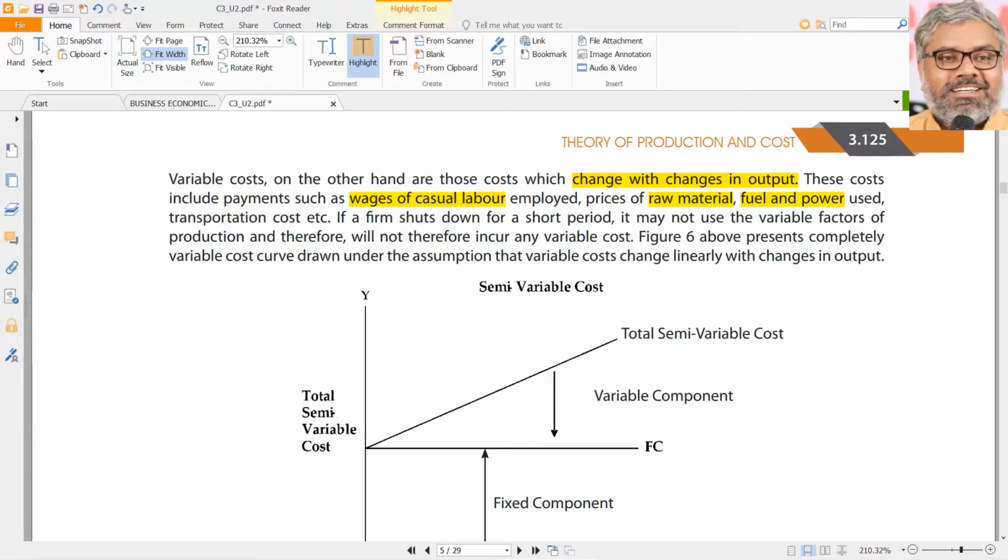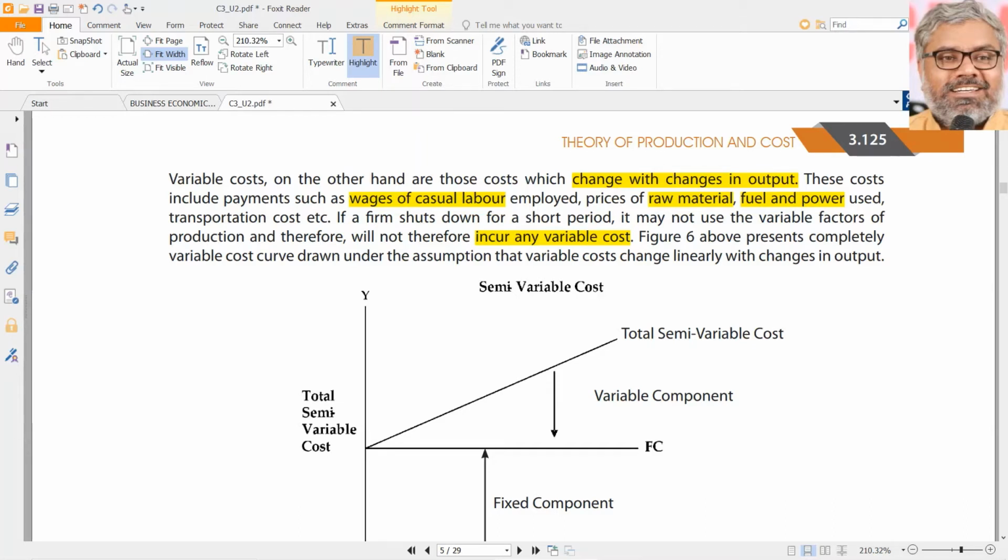Even if a firm shuts down for a short period, it may not use the variable factors of production. So it will not incur any variable cost if a firm shuts down for a short period. See, shutting down is not an option. Normally it is only an imaginary situation. If the firm shuts down also, fixed costs will continue to be incurred.